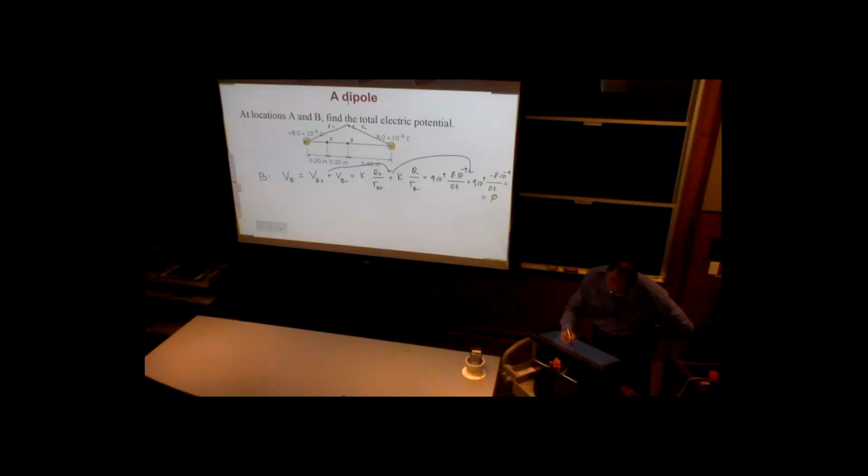So this line represents an equipotential with potential equal to 0 volts. Any point on this line has exactly the same potential, and that potential equals 0.